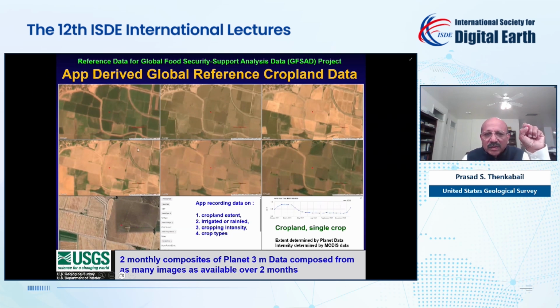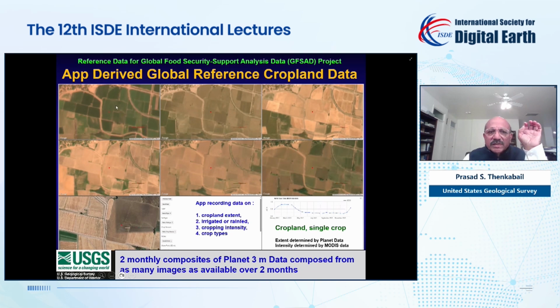So at least when you look at high resolution imagery, you can know the cropland extent, whether it is cropland or not cropland. You can also know intensity, because by clicking here and below this, there can be time series Landsat data and time series MODIS data. You can get a signature of that particular point. The red line that you see here is a MODIS pixel of 250 meters.